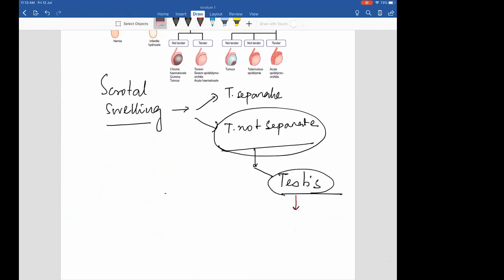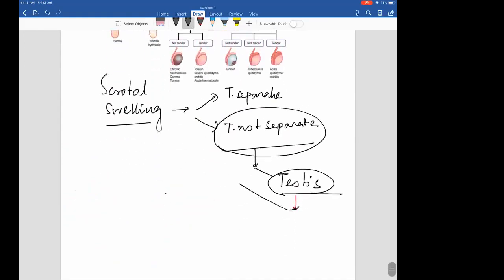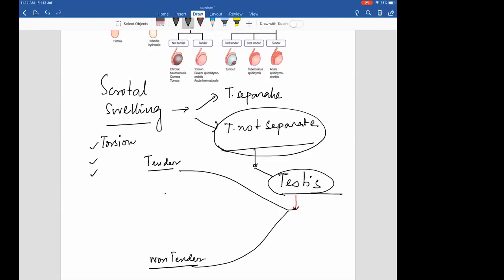Now, if you talk about swellings that arise from the testes, then the route to this is very easy. When you talk about the testes, remember that we talk about a tender swelling and a non-tender swelling. Tender swelling can be classically seen in 2 conditions, technically 3. One is a torsion testis, which you should always keep in mind as number 1.